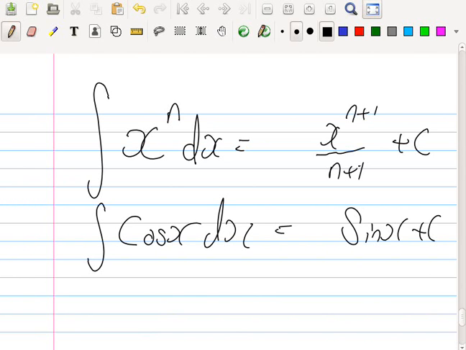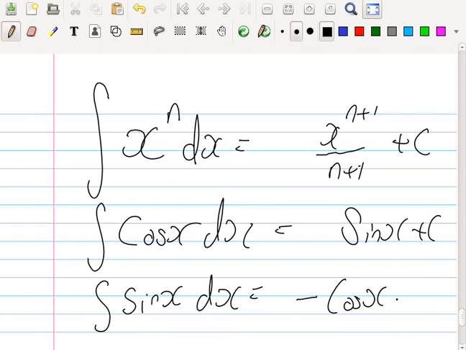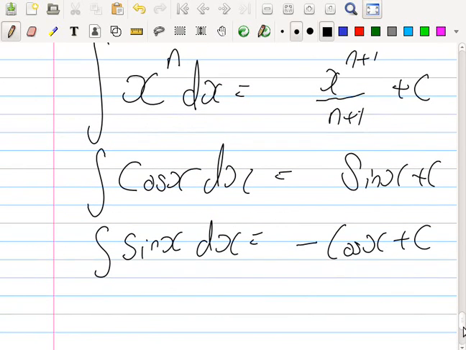So the rule is, if it's cos, you change it to sine, and you change the sign. So if you do that backwards, it's minus sine. No, it's right, it's sine, yes. This would be minus cos x plus c. So it's the opposite of the previous one we did.